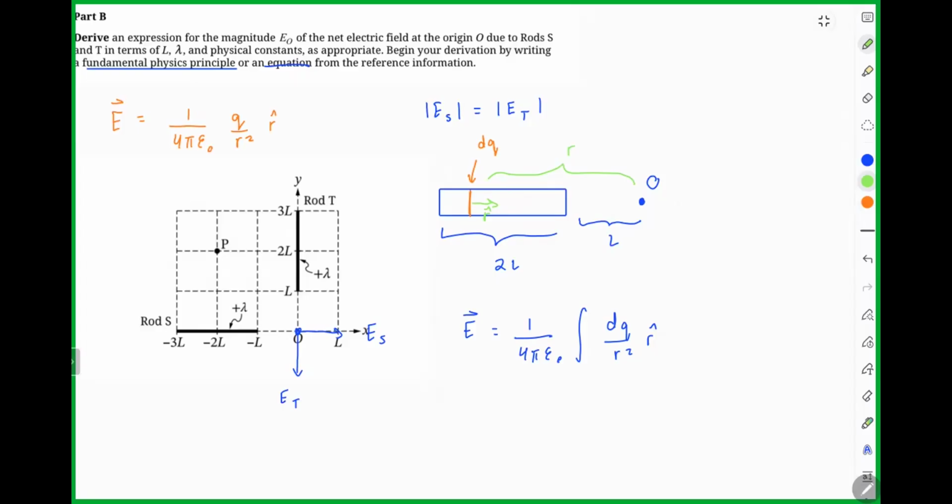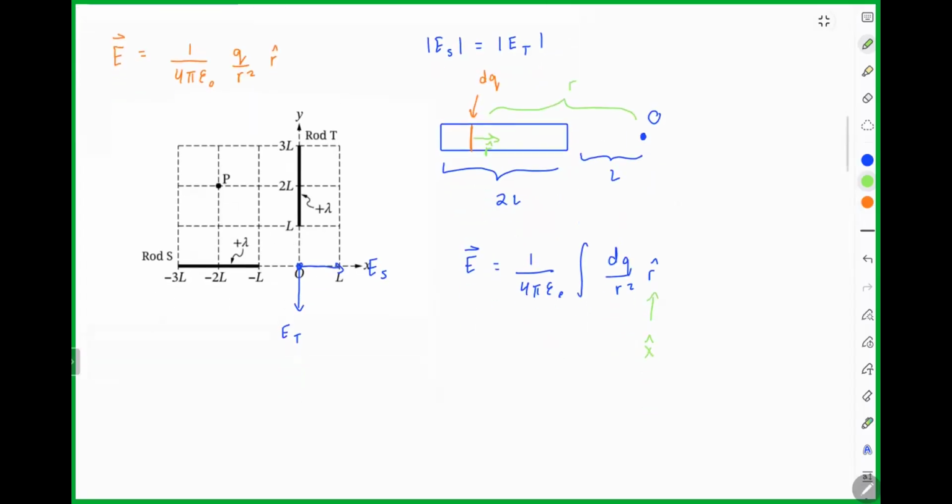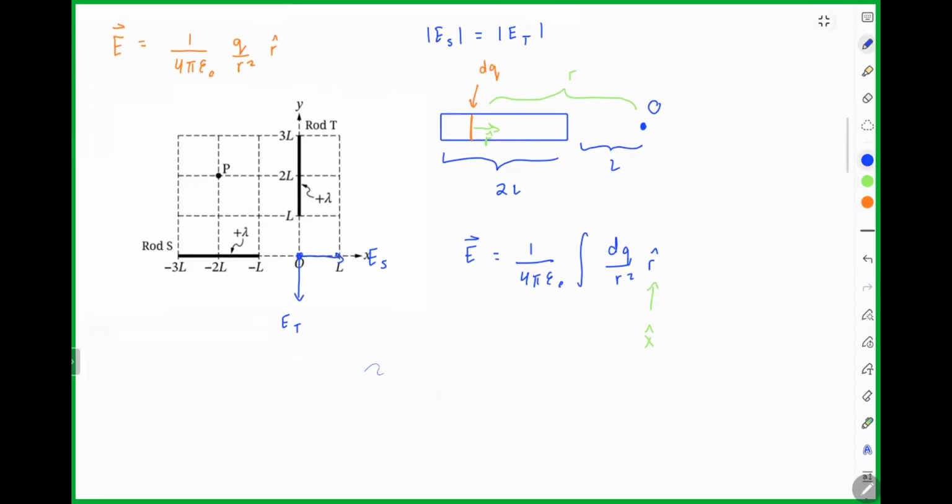But as we can see in this case, r hat is simply equal to x hat everywhere. So that allows me to start simplifying. I'm going to say that E is equal to just x hat. We can take that out of the integral. It's not dependent on my dq. So we have x hat over 4 pi epsilon naught integral dq over r squared. And so now the question is, is r different for different dqs?